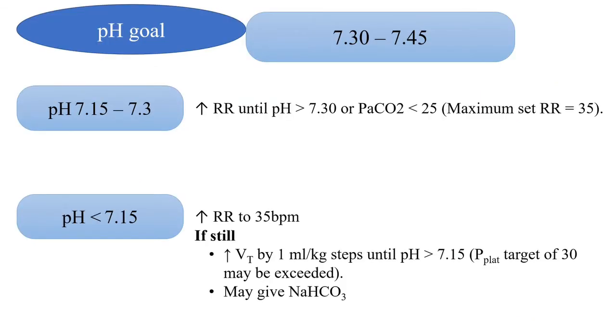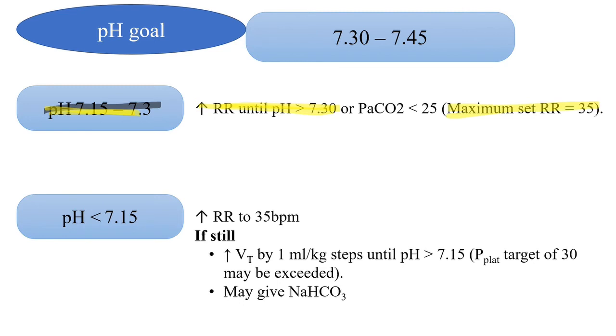Your pH goal is 7.3 to 7.45, and this is called permissive hypercapnia. If the pH is lower than 7.3 but higher than 7.15, you can increase your respiratory rate until the pH is higher than 7.3, but with a maximum respiratory rate of 35.